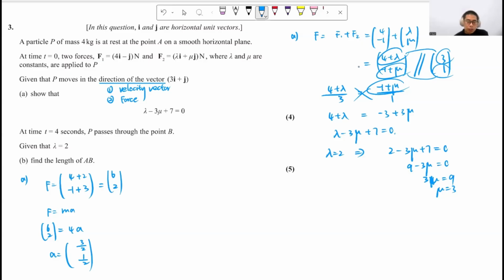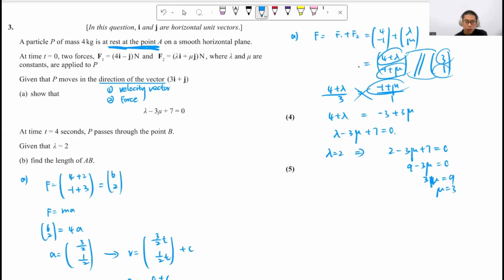And then acceleration integrates to velocity. So velocity would be (3 over 2 t, 1 over 2 t) plus c. Because they said the particle is at rest at point A, that means when t equal to 0, v is equal to 0. So 0 is equal to 0 plus c, so c is equal to 0.